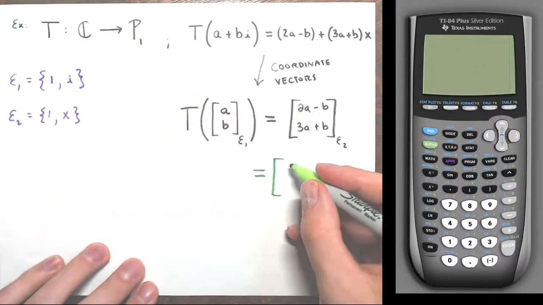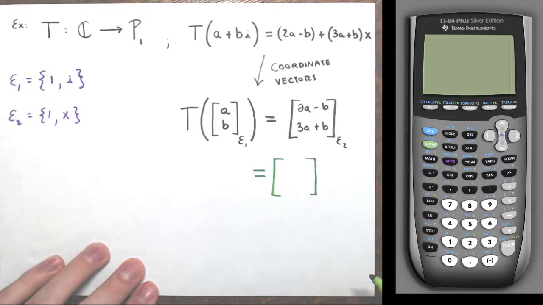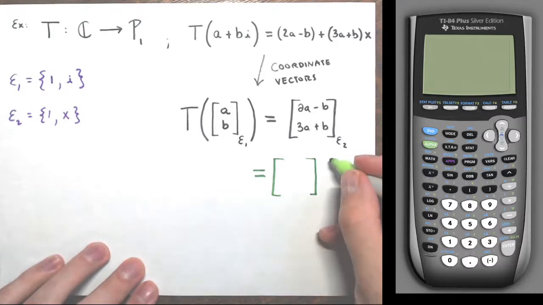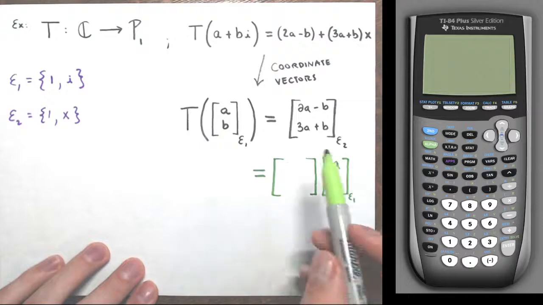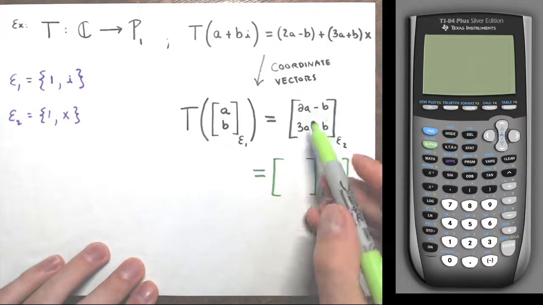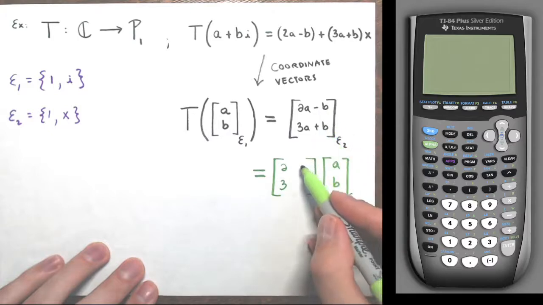It should be square if there's a possibility of this transformation being invertible, multiplied by the vector (a, b). And again, just remember that these are coordinates, not the actual input. I'll put a little E1 down there again, reminding me that that's a coordinate vector. Then down the first column, the coefficients of a: 2, 3. Down the second column, the coefficients of b: negative 1, 1.